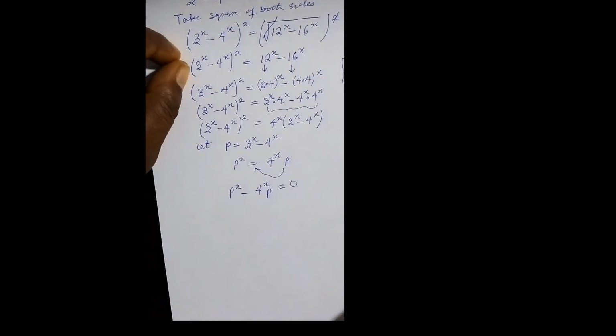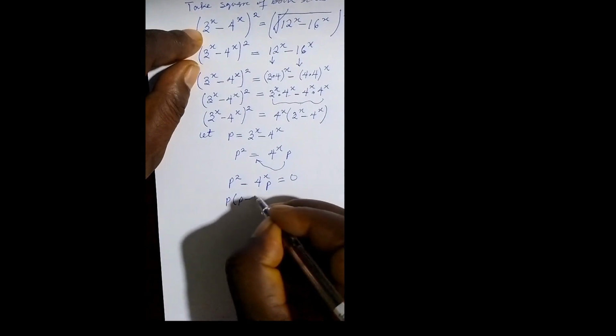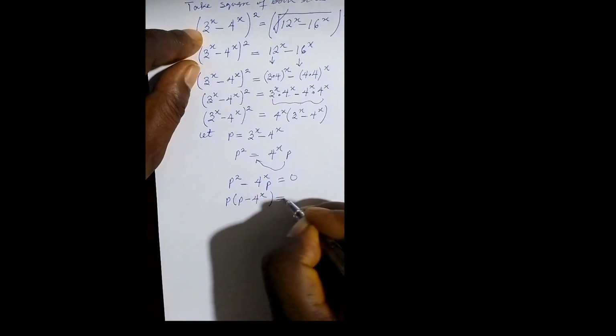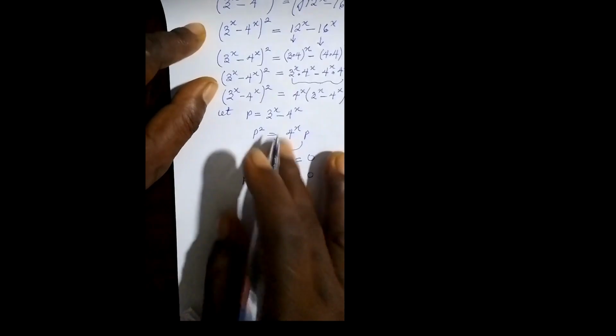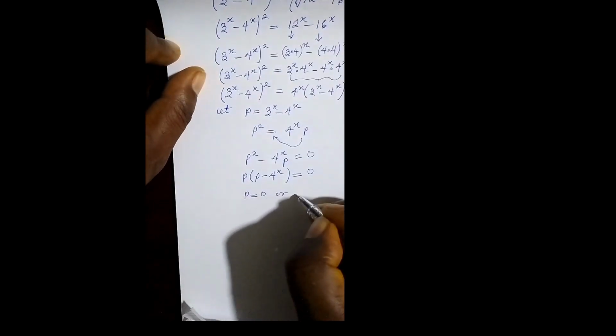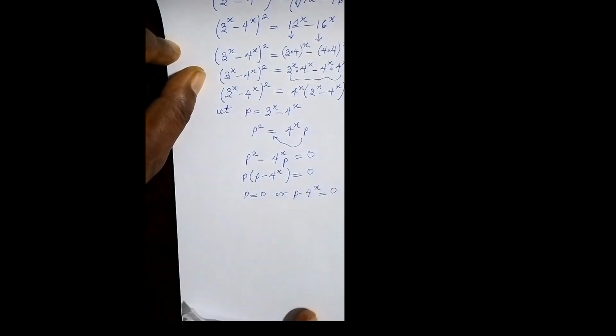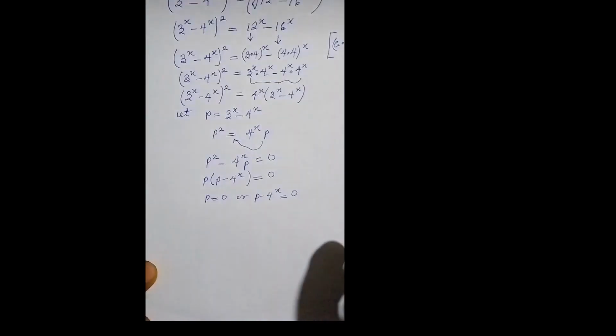And then we factorize p out so that we have p times (p minus 4 to the power of x) equal to 0. So there will be two solutions here: p equal to 0 or p minus 4 to the power of x equal to 0.